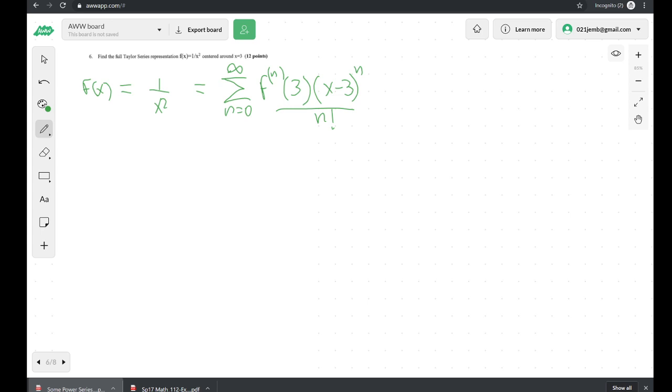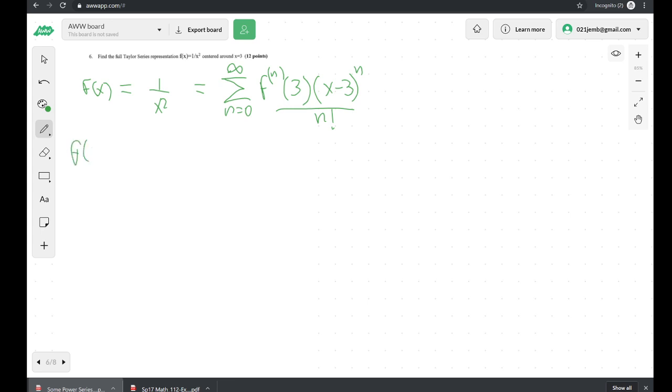Usually what we do is, of course, find the first derivatives to see what the pattern is. So let's find the first few derivatives. The zeroth derivative is just the function.